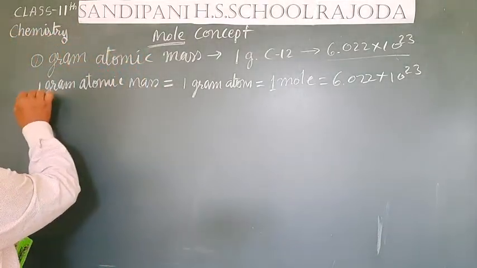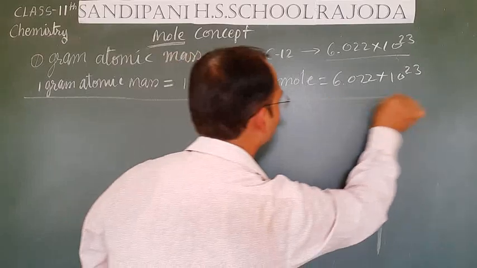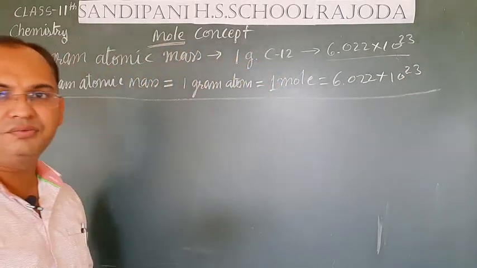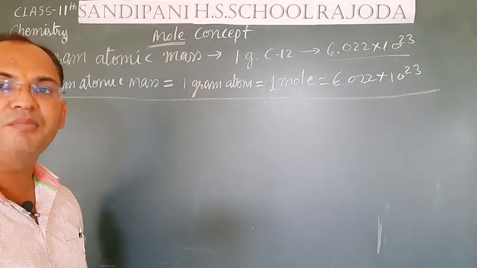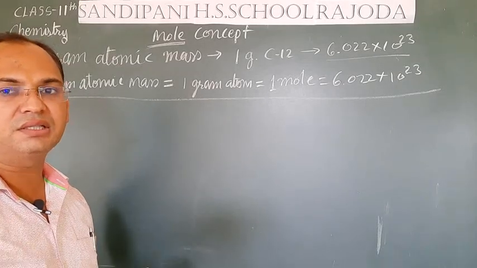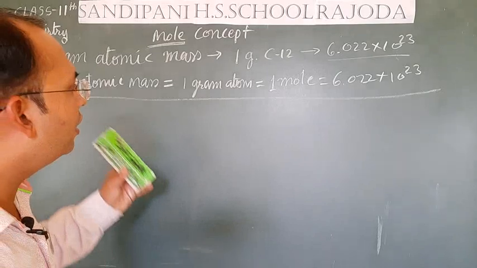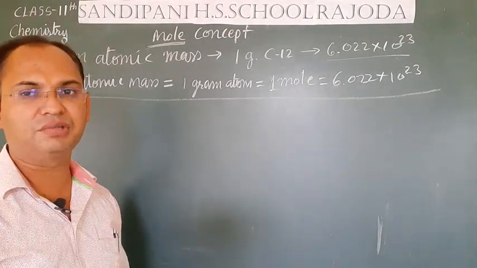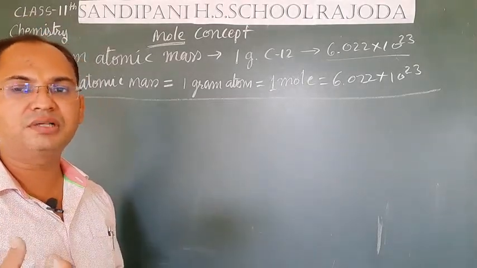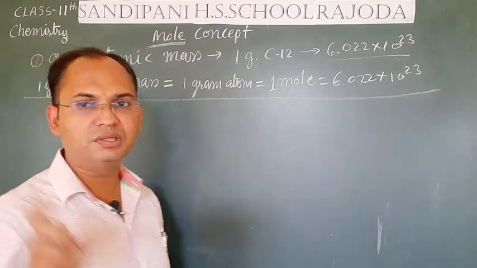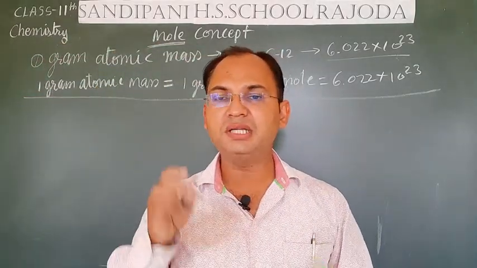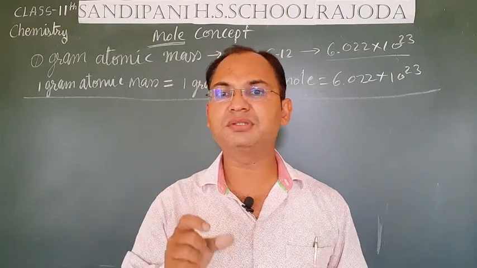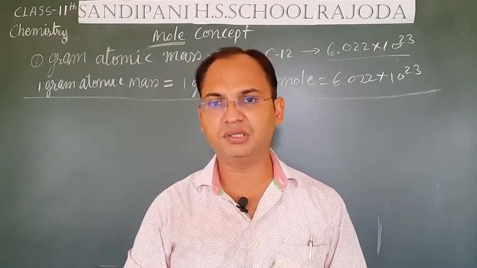Now we will relate this relation with the molecular mass, or we can say gram molecular mass. Let's see what is the relation between mole and gram molecular mass. You know that molecular mass is the mass of the molecule, and the mass of the molecule is equal to the sum of the individual masses of the atoms that constitute that molecule.